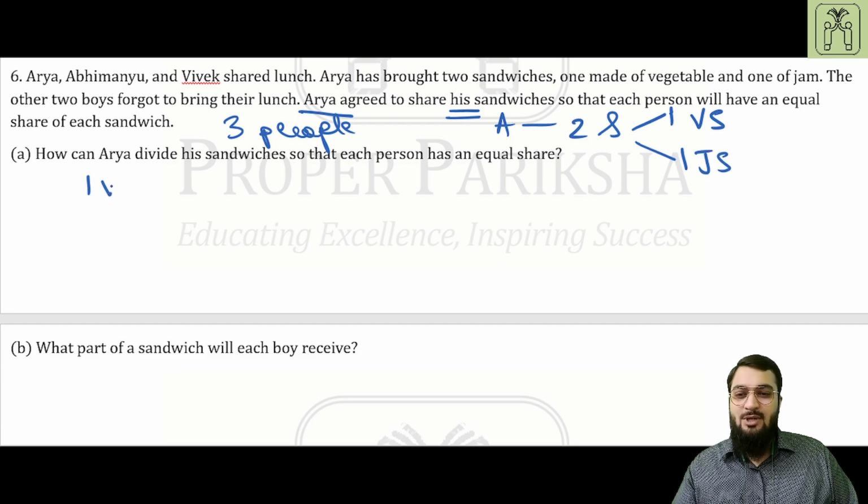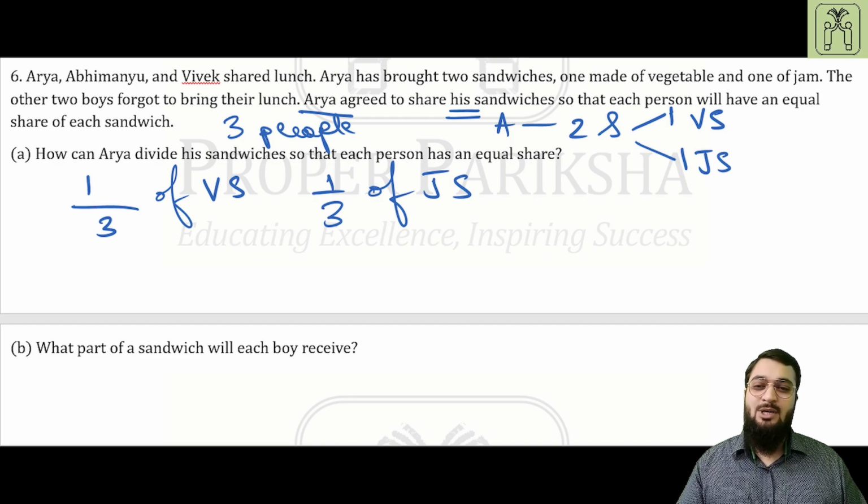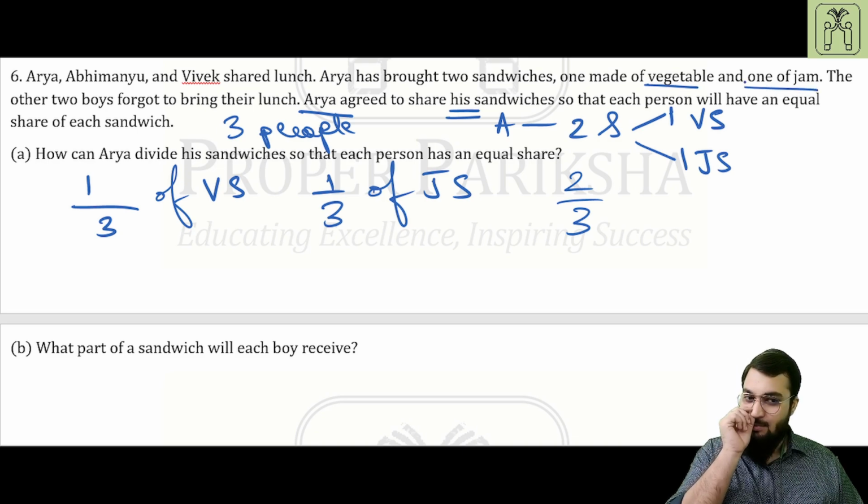When you divide one VS into 3 parts, or you can say 1/3 of VS and 1/3 of JS, and each 1/3 part will be divided among all 3 of them, then each will have an equal share. How do we come to that? Because we cannot say that 2 will be divided into 3 parts. That will be wrong, because one is made up of vegetable and another is made up of jam. So that will not be possible.